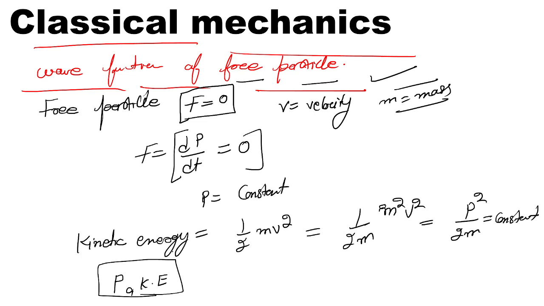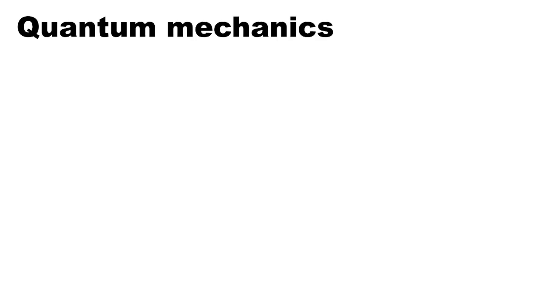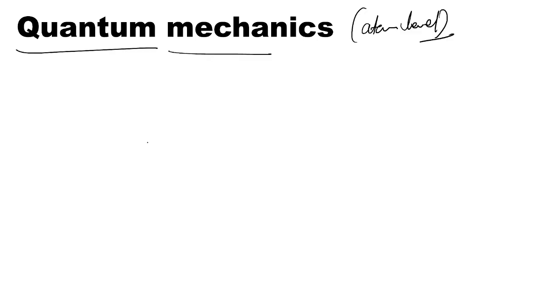Now we talk about quantum mechanics. Quantum mechanics deals with the microscopic level, the atomic level. So now we discuss the quantum level and what the wave function is for it.